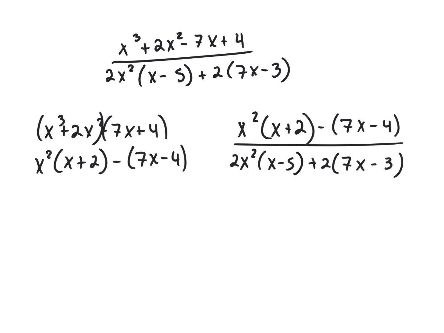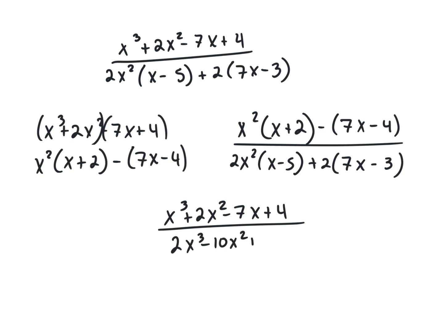Okay, so there's absolutely nothing we can cancel out. So I'm just going to go ahead and rewrite it as we had it before. The numerator as x cubed plus 2x squared minus 7x plus 4, and the denominator as 2x cubed minus 10x squared plus 14x minus 6.